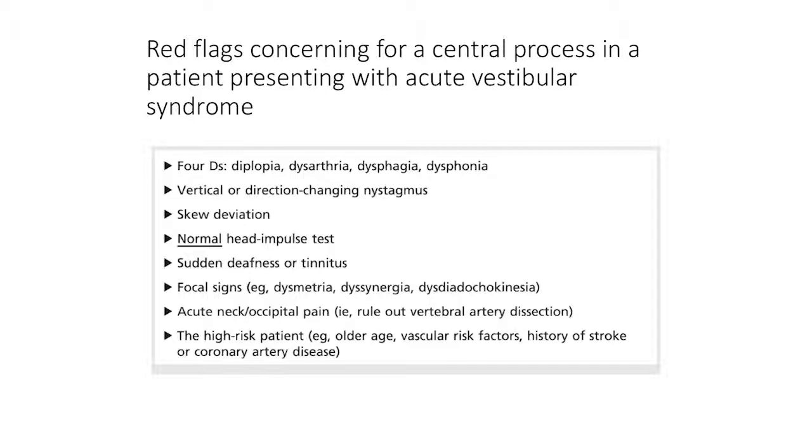And you know about the HINTS exam, which we discussed severally. On top of that, they have focal signs like dysmetria, dyssynergia, and dysdiadochokinesia, together with acute neck or occipital pain, which could signify vertebral artery dissection. And in a high-risk patient, diabetes, older patient, history of prior strokes, those are patients that you really need to evaluate.